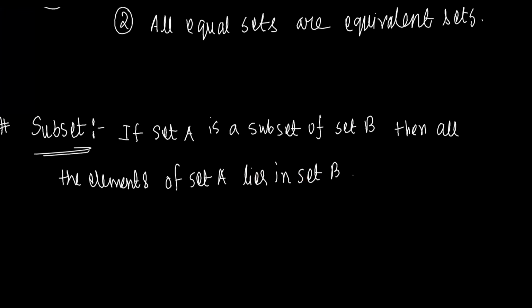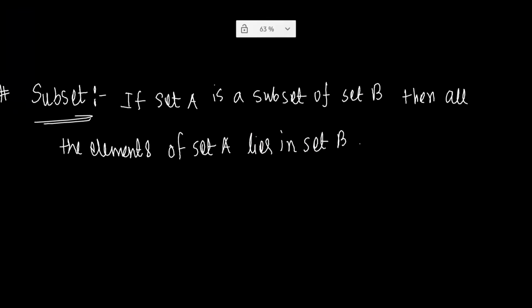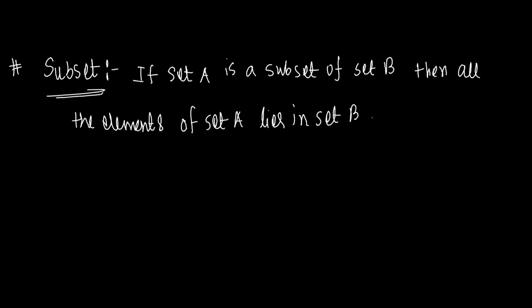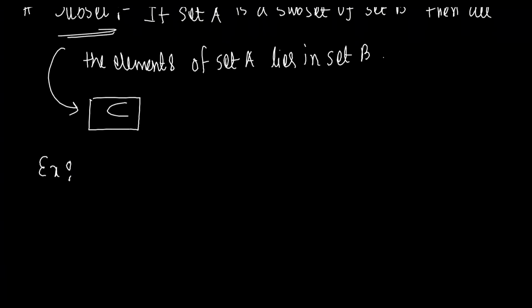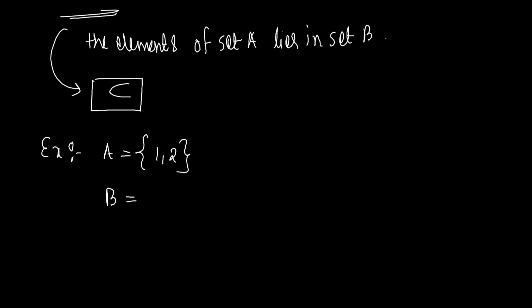That means, suppose I am taking an example. Subset is denoted by this symbol, like a C written horizontally. Okay, this is the symbol of subset. Now I'm taking an example. Suppose set A has the elements 1 and 2, and set B has 1, 2, 3, 4.